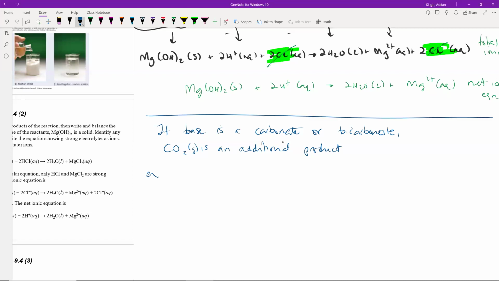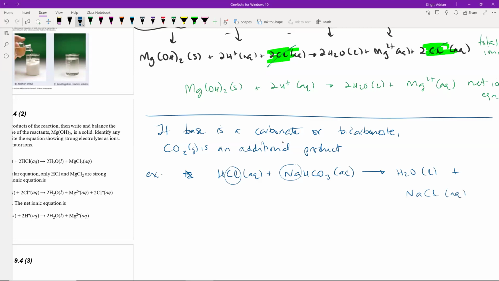So for example, if I have HCl reacting with sodium bicarbonate, NaHCO3, I'm going to get my salt and water. So now I can predict, I'm going to get H2O. That's my water. The salt here is going to be the cation from the base, which is the sodium, and the anion from the acid. So yes, I get NaCl.